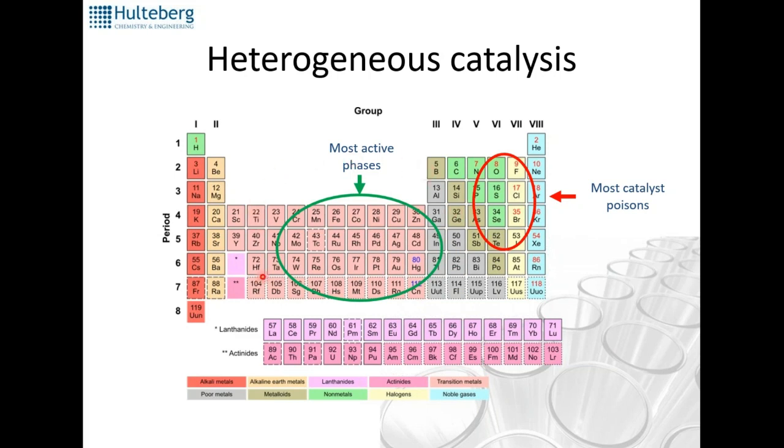They interact enough with the reactants and products, but not too much to be inhibited. That, on the other hand, we find on the right-hand side of the periodic table, where strongly electronegative atoms or heteroatoms interact very strongly with the surface. Sulfur, phosphorus, and arsenic are very well-known catalyst poisons.